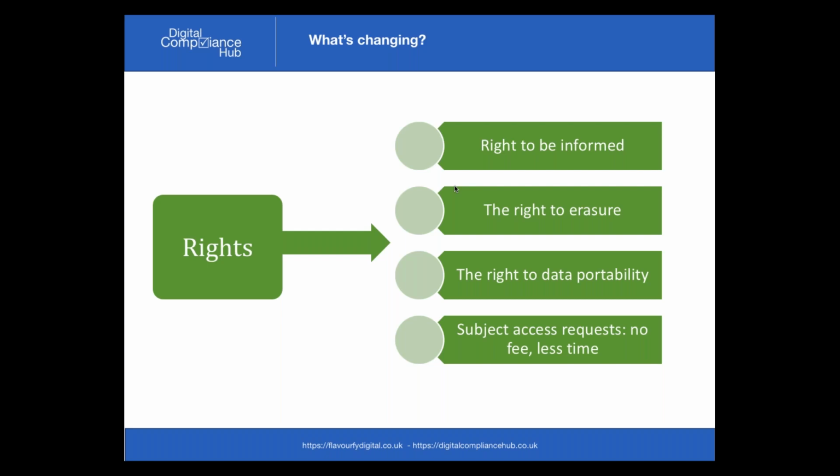That's essentially the issue that I think the GDPR is trying to address: people should have the absolute right to get to know what data is being processed about them, but they shouldn't have to be charged for the privilege of doing that. So four key things are changing in terms of the individuals' rights of the data subjects, and four things that you'll need to think about in terms of how they impact your organization.